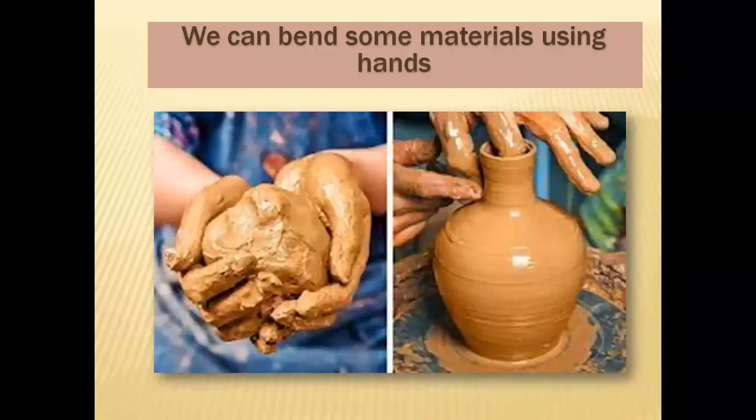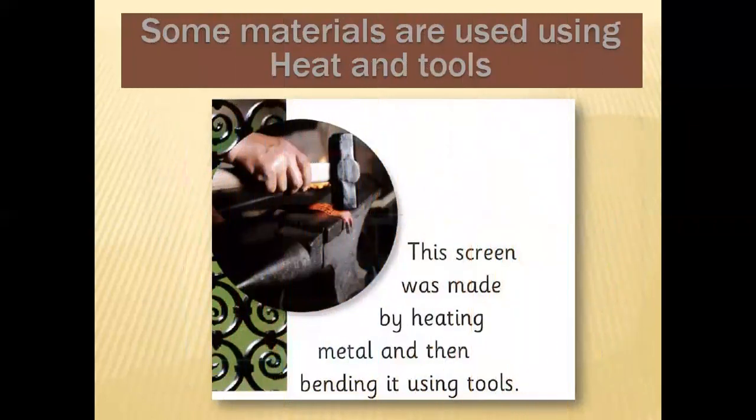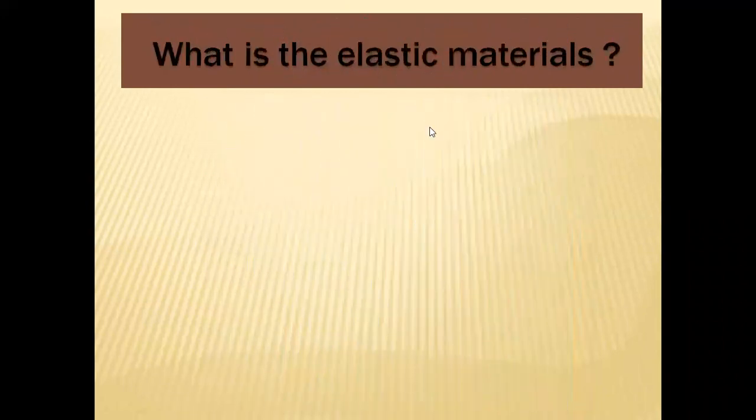As we have studied, soft materials can change their shape easily by bending them with our hands. But there are some materials that are hard. We cannot change their shape with the help of hands, so we need tools to bend them.